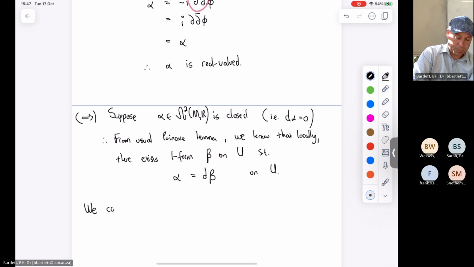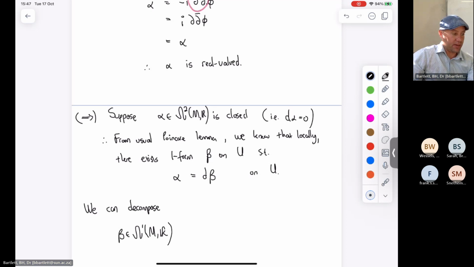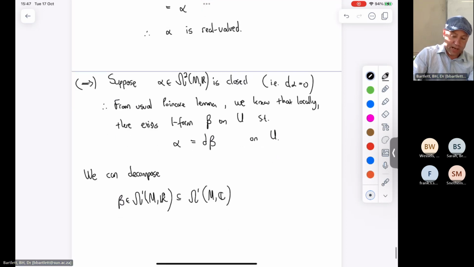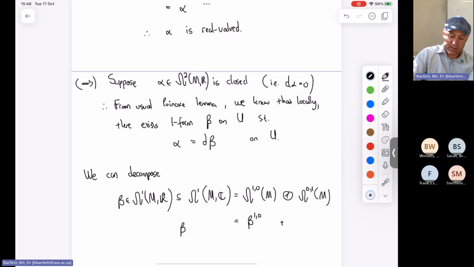So we can decompose an ordinary 1-form on my manifold, a real valued 1-form on the manifold M. The real valued forms are obviously living inside the complex valued forms, and the complex valued forms split as the (1,0) forms plus the (0,1) forms. So we'll write the components of beta as beta^{1,0} and beta^{0,1}.